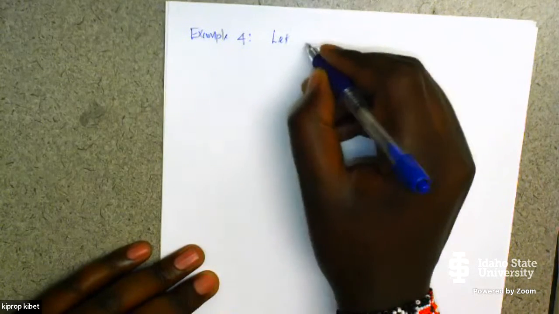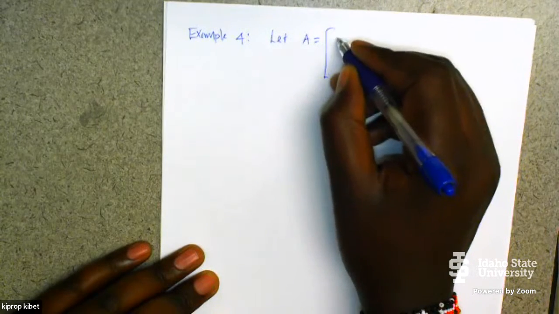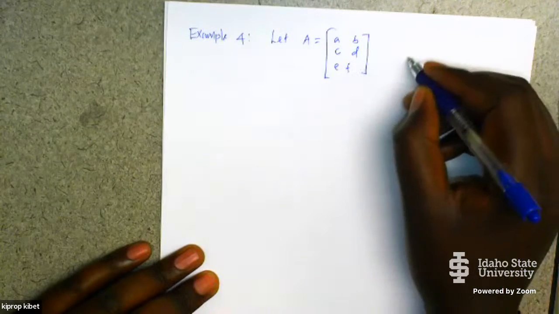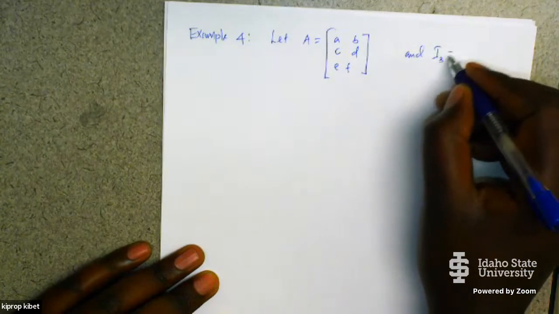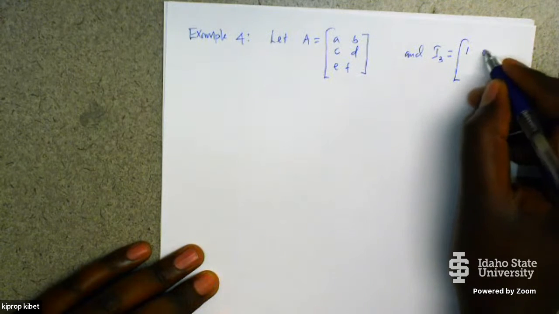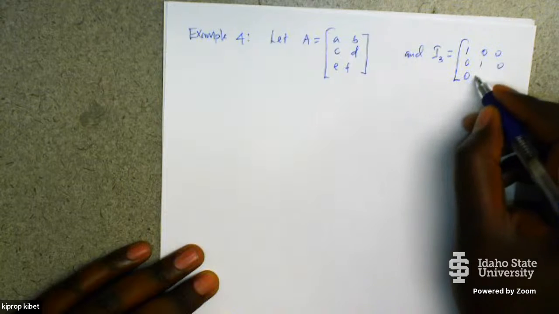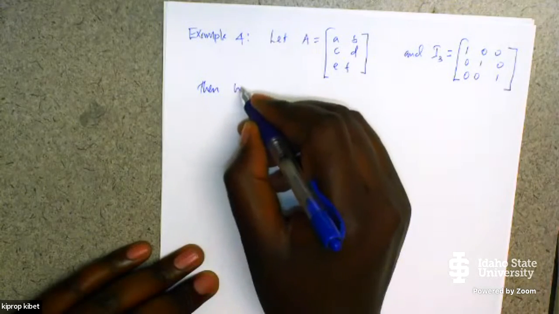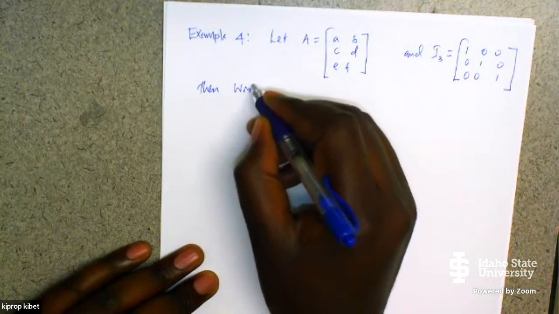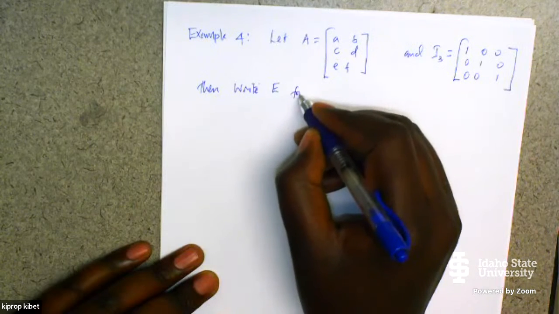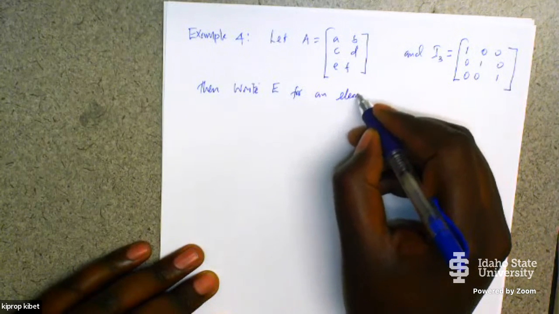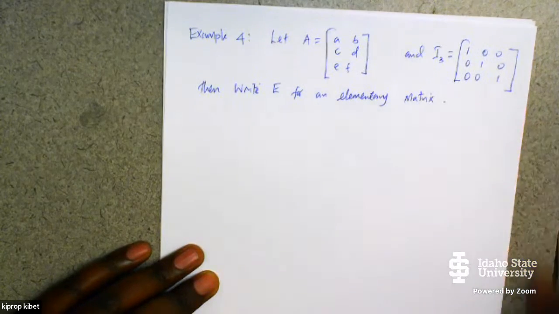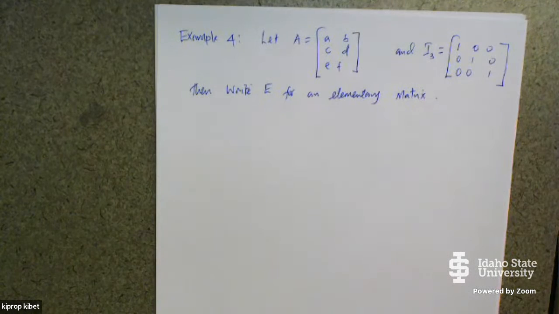If we let A be equal to a, b, c, d, e, f, and we took I_3, which is 1, 0, 0, 0, 1, 0, 0, 0, and then 1, then write E for an elementary matrix. Let's write E for the elementary matrix.